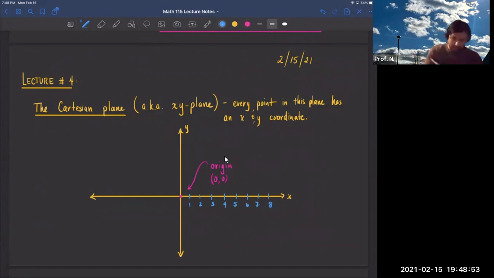Now, when you move to the left, and of course, this here would be 0, as you move to the left, these are all the negative numbers, which makes sense if you consider this as a number line. So it's negative as you go to the left and positive as you move to the right. And then similarly, on the vertical axis, if you move upward, the numbers become larger and more positive.